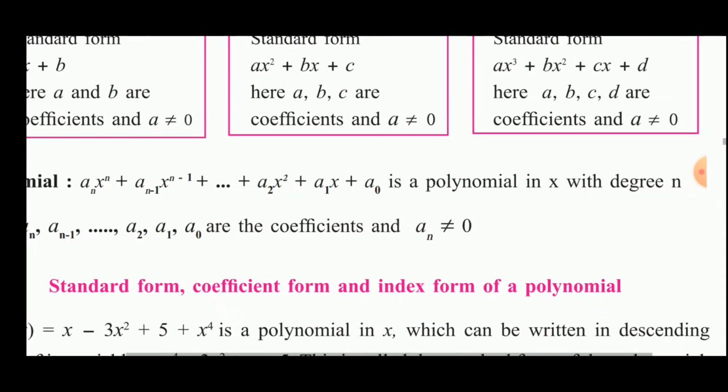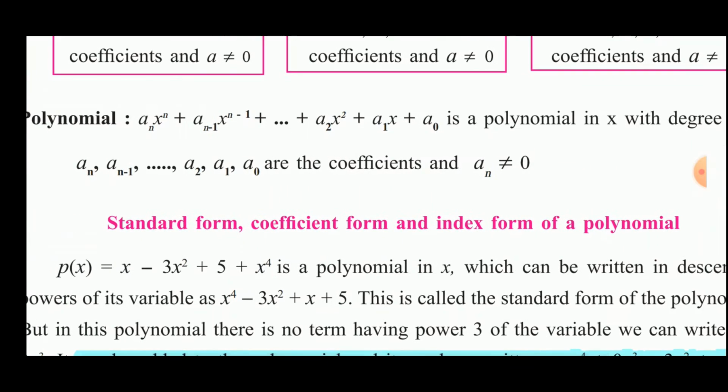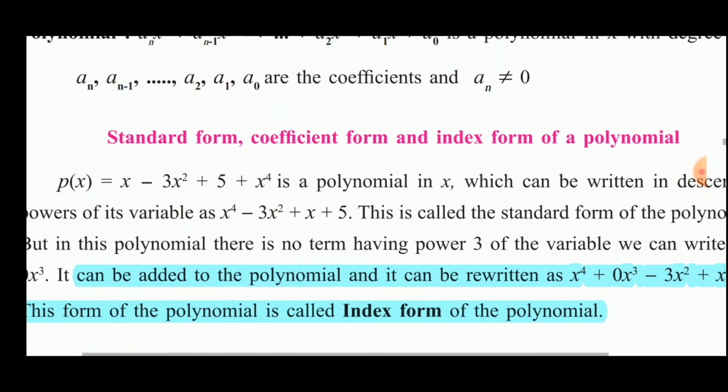This is the polynomial in x with degree n. So a n minus 1, dash dash dash, a2, a1, a0 are the coefficients and a n is not equal to 0. Now let us see the standard form, coefficient form and the index form of the polynomial.